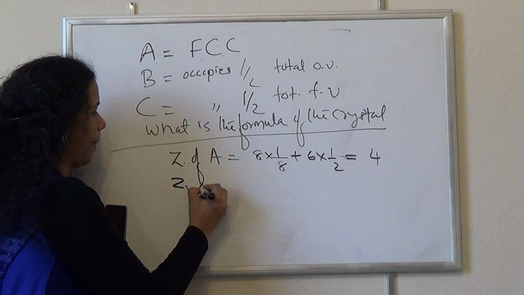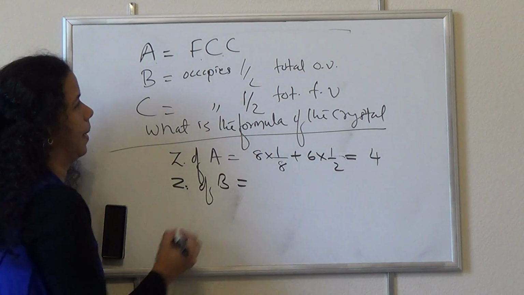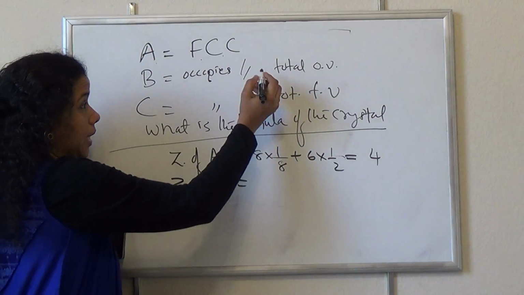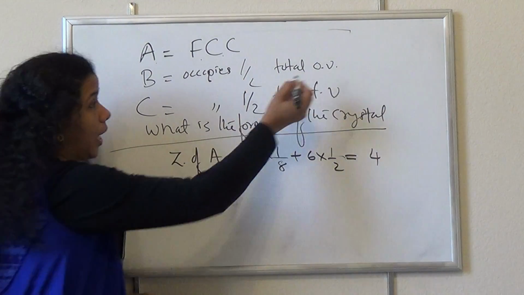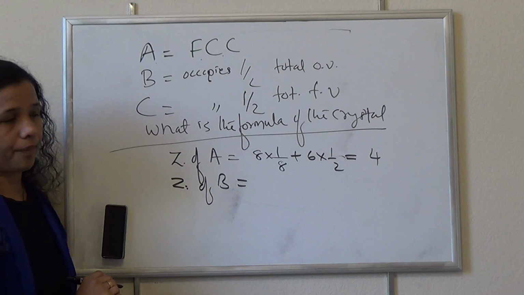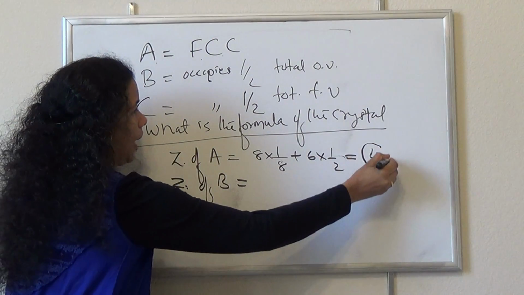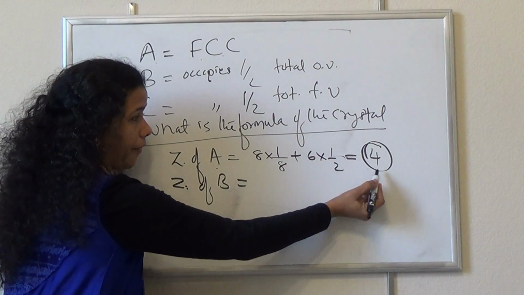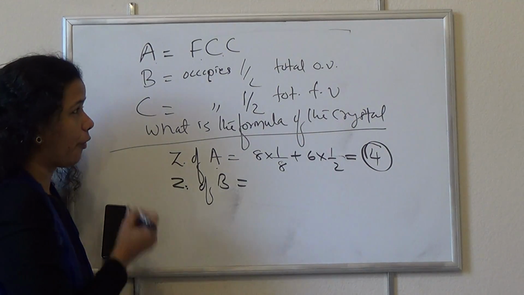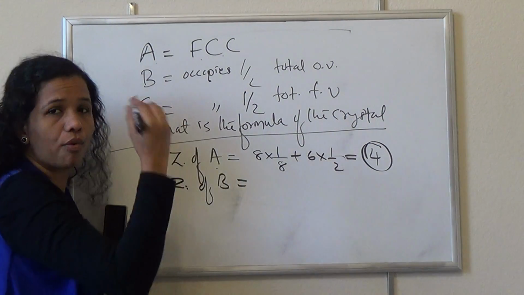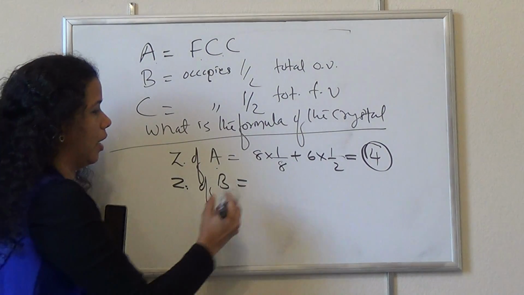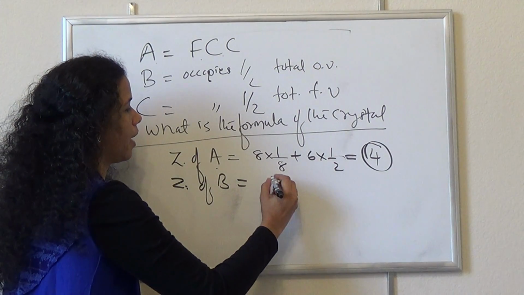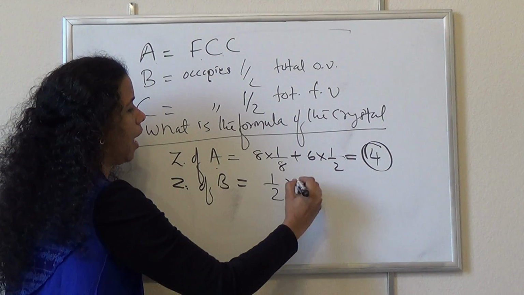Then the effective number of B, which occupies half of the total octahedral voids. The lattice forming atom is A, and the number of A is 4. So for 4 atoms there will be 4 octahedral voids. So the total octahedral void is 4, then half of it.